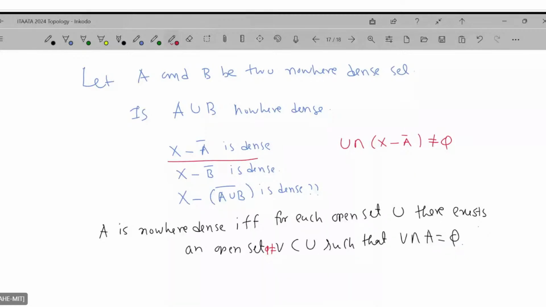So U intersection X minus A bar is non-empty, and then you take V equals U intersection X minus A bar. Then you can see that the intersection with A is empty.